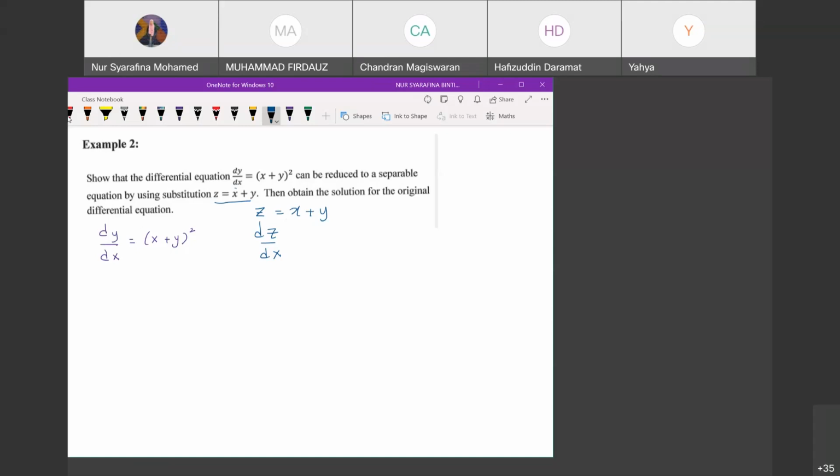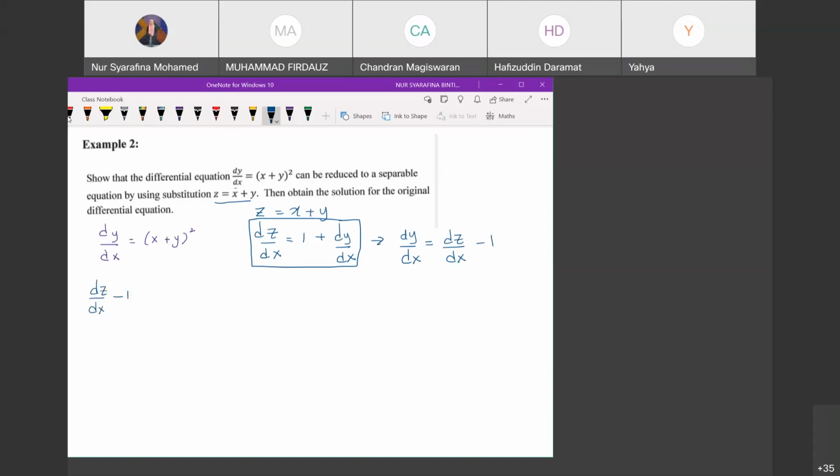So from z equals x plus y, we have dz/dx equals 1 plus dy/dx, because we want to create the dy/dx in order to substitute. So from here, dy/dx equals dz/dx minus 1.